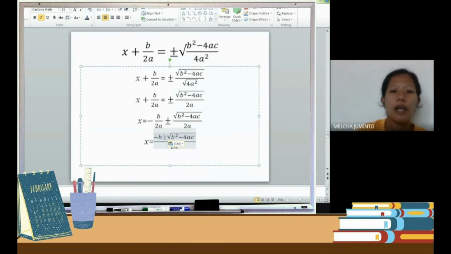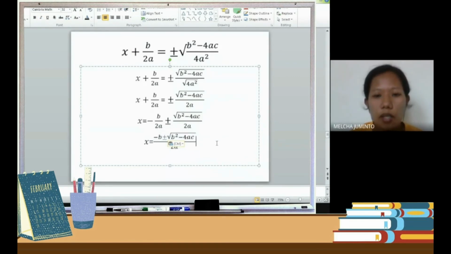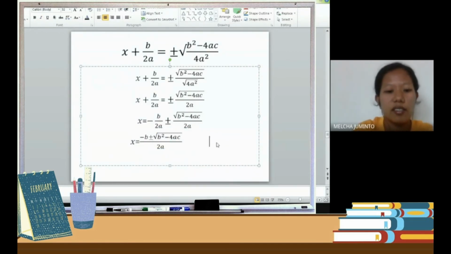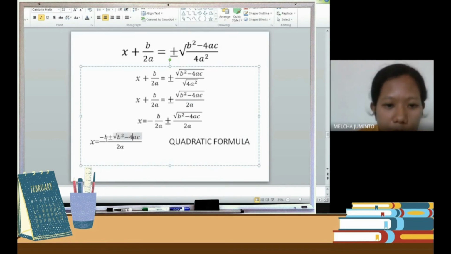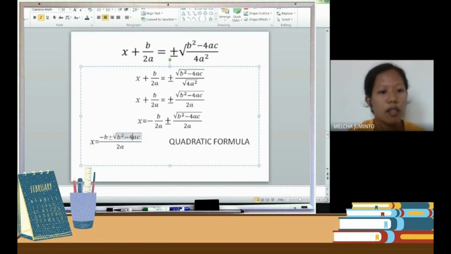Negative b plus and minus the square root of b squared minus 4ac all over 2a. So this is now the quadratic formula, which will be used in answering any type of quadratic equation. You simply need to replace a, b, and c in the formula to use it in solving problems.